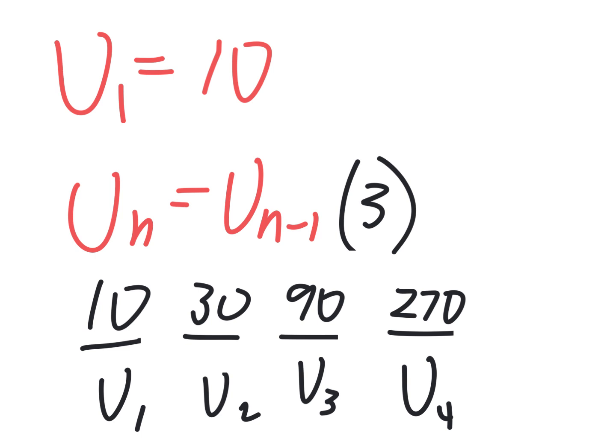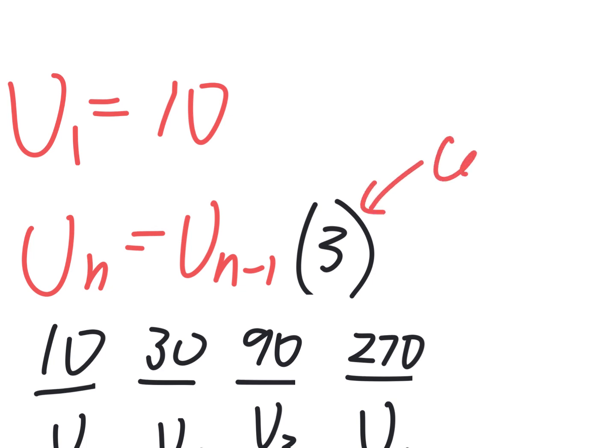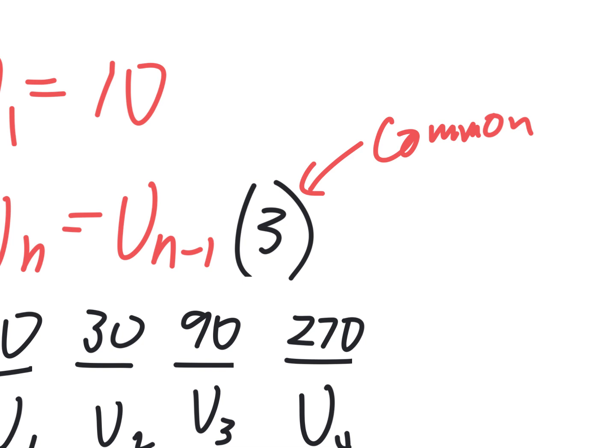Now, there's only a couple little words that you haven't learned yet. One of them is that this is not a common difference, because is the difference between these two really a 3? No. That's called a common ratio. When it's multiplied like this, then it's called a common ratio. If you're multiplying, it's called a ratio.